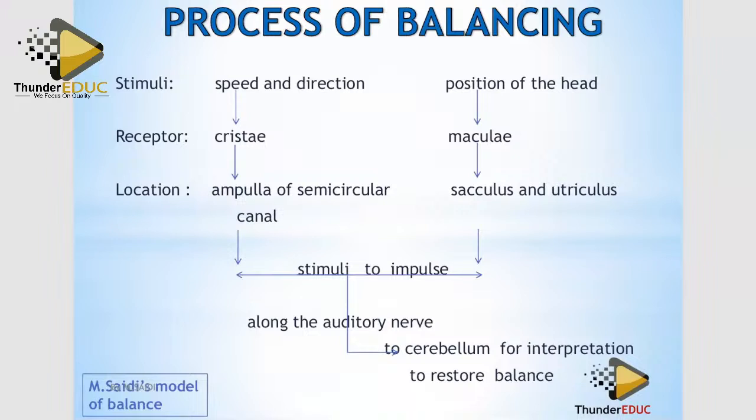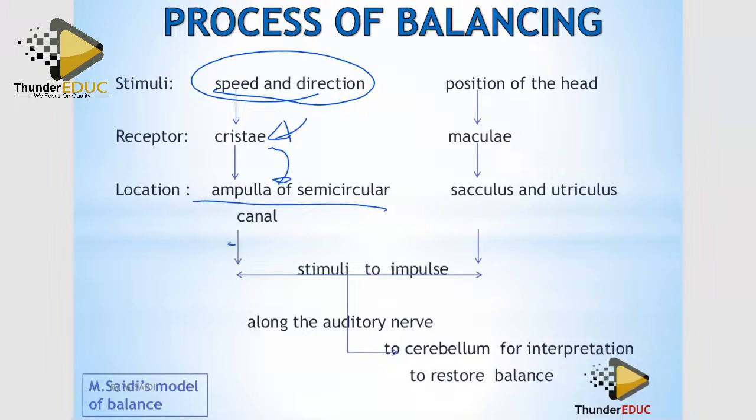You will say, change in the speed and direction of the head will stimulate the cristae found in the ampulla of the semicircular canal. Can I repeat? Change in the speed and direction of the head will stimulate the cristae found in the ampulla of the semicircular canal. That's step 1.